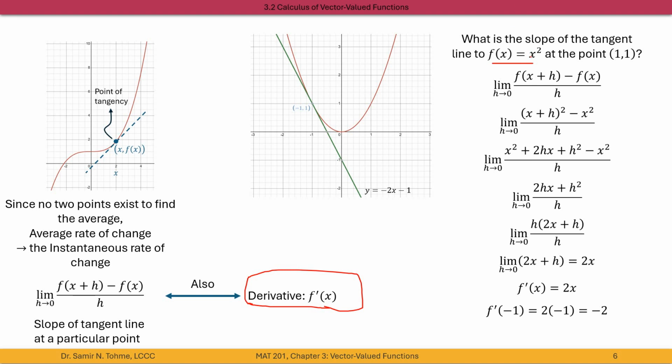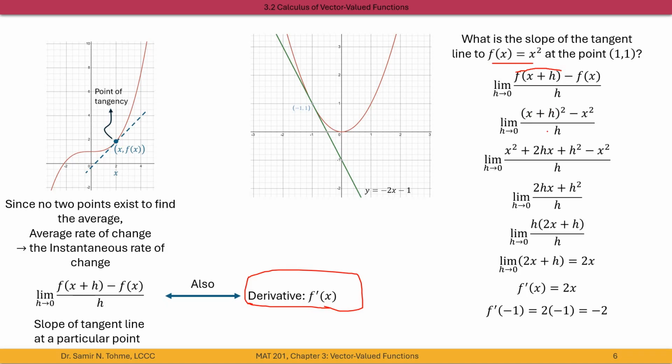We replace x plus h in x squared. You will have x plus h, all of that squared, minus f of x, which is minus x squared, divided by h.